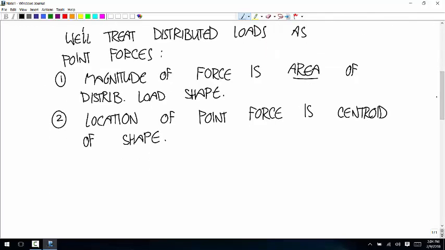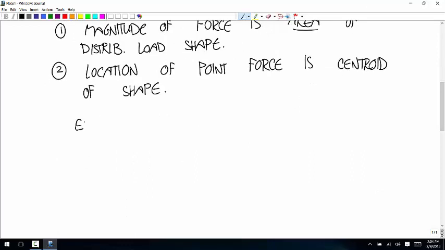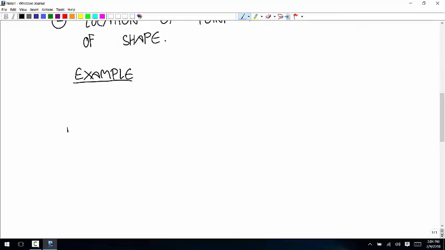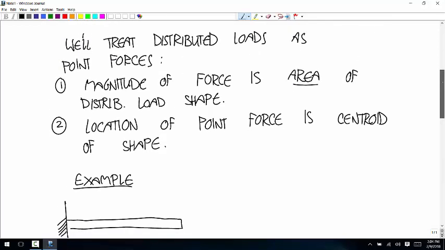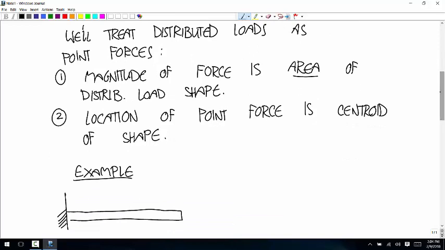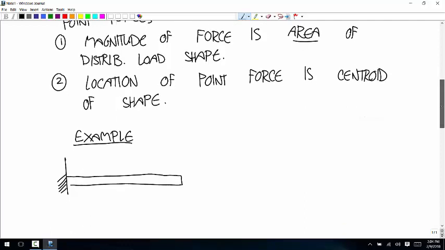Okay, so let's use the example above. Okay, so this has a length of 3 meters.